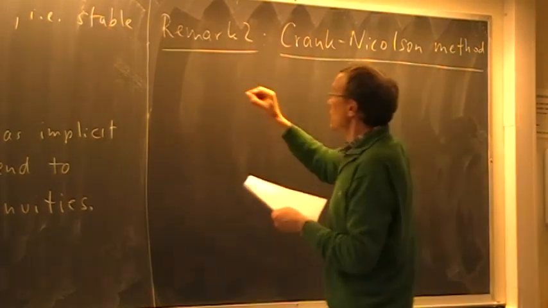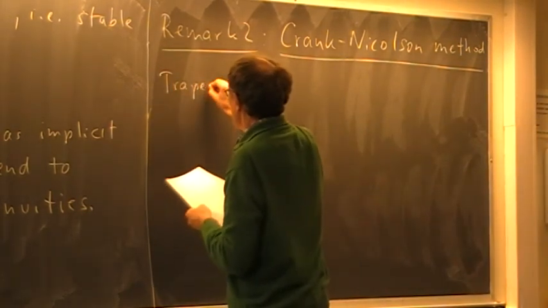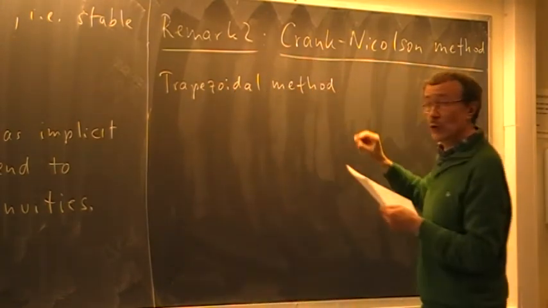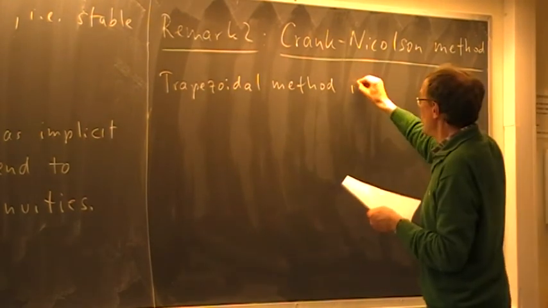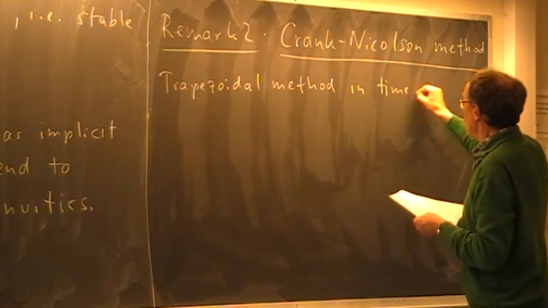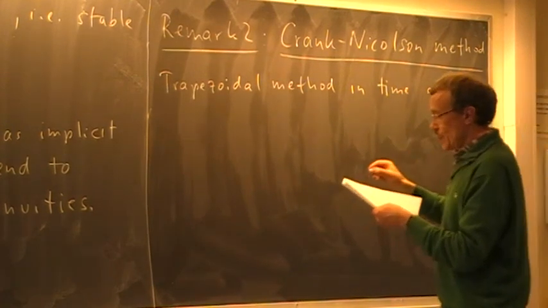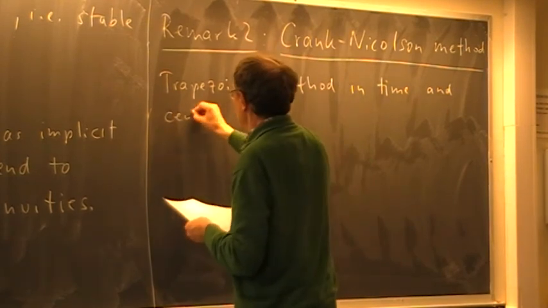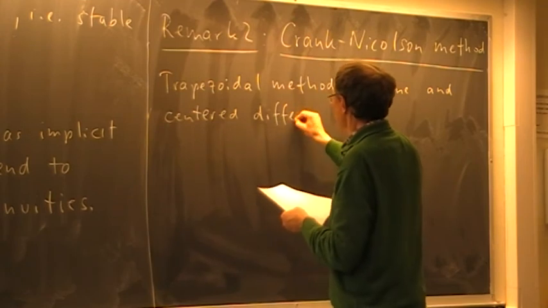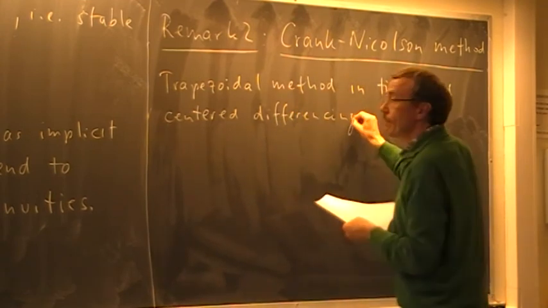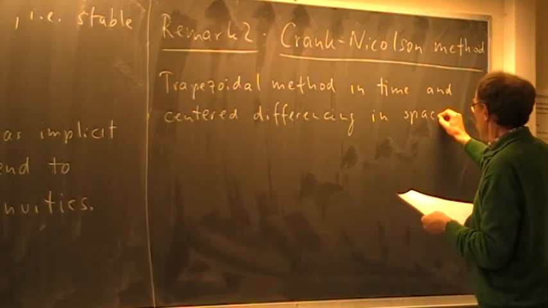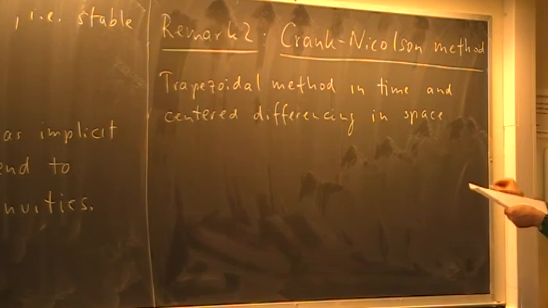And that uses then the trapezoidal method. That is the one that we discussed for ODEs, which is an average of explicit and implicit Euler in time. And it uses, again, centered differencing in space, like we discussed over there.